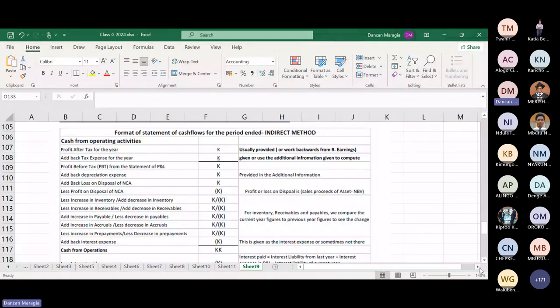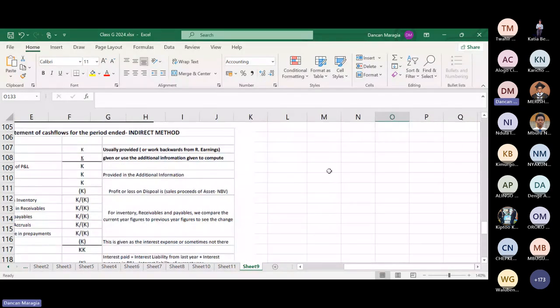Let's start this way. When I say profit after tax for the year, it is usually provided or worked backwards from retained earnings. Let me jog your mind so that you understand. First, what are the retained earnings of a business?